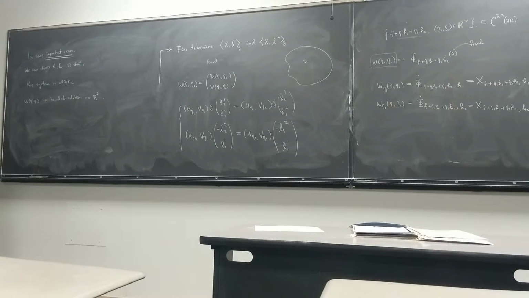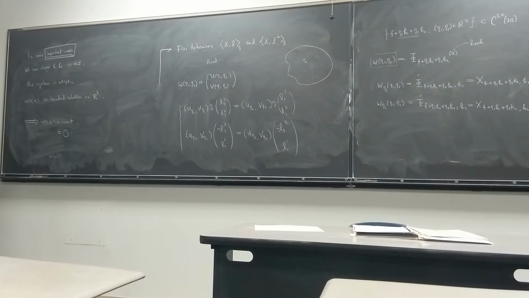If you have a bounded solution to the elliptic system, what can you say? You can think about a Liouville type theorem, right? Using a Liouville type theorem, you can prove that this W has to be constant, and eventually you can see that it equals 0. Equal to 0 means that the X vector field becomes 0, so this is exactly what we want. However, at this stage it's only for some important cases, not general. So that's the approach to this problem.